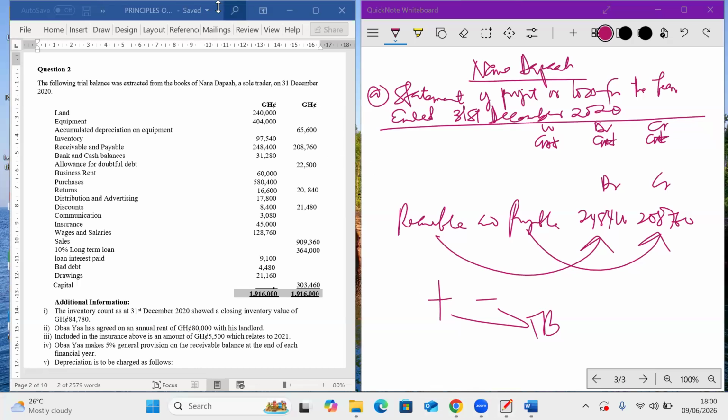Can you see my screen? Yes, sir. So inventory is I, right? So I'll go to inventory in the trial balance and I'll write I.